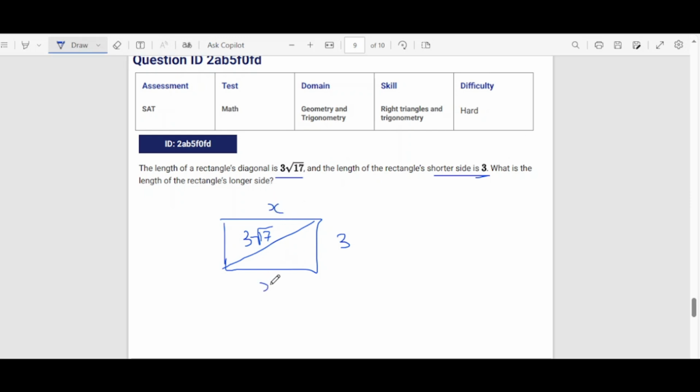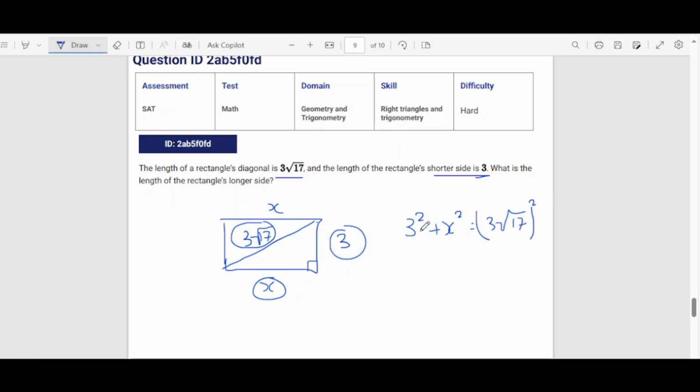Okay, so this x. When you visualize this, when you make this image, it's pretty easy to find the solution. Now they are asking us to find this, and we can easily see that Pythagoras theorem is being used. So we know this length and we know this length, so we can easily find this length. That is 3 square plus x square equals 3 under root 17 square.